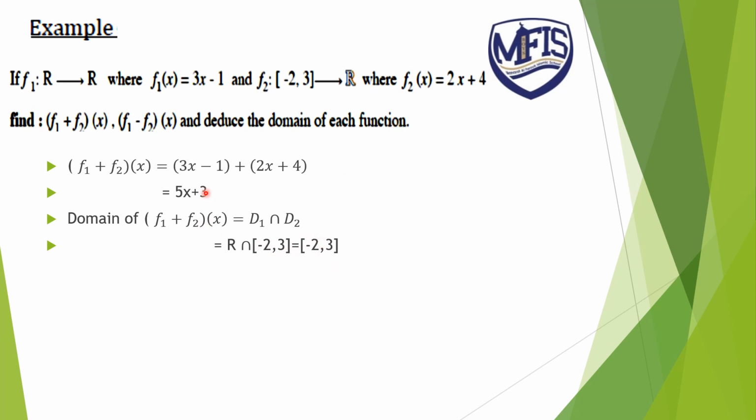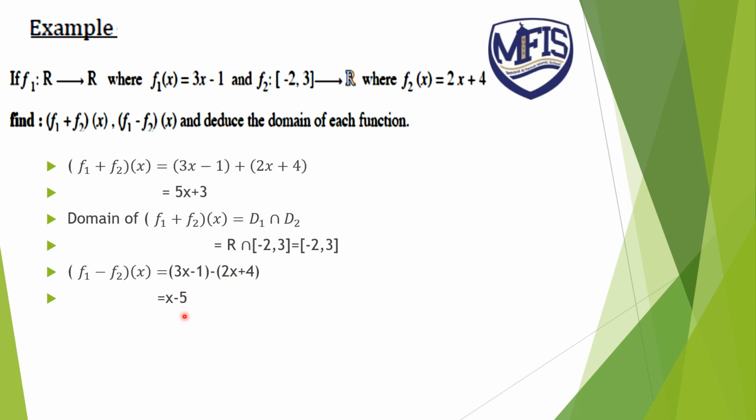Okay, let's do f1 minus f2. Exactly. f1 minus f2 is the first rule minus the second rule. So 3x minus 1 minus 2x plus 4. 3x minus 2x equals x, and negative 1 minus 4 equals negative 5.